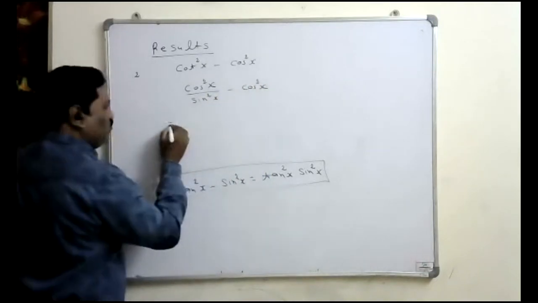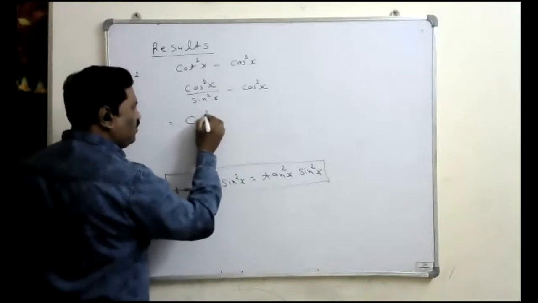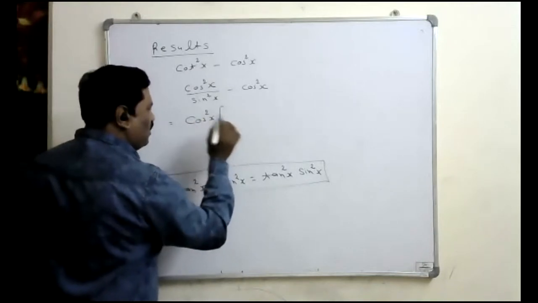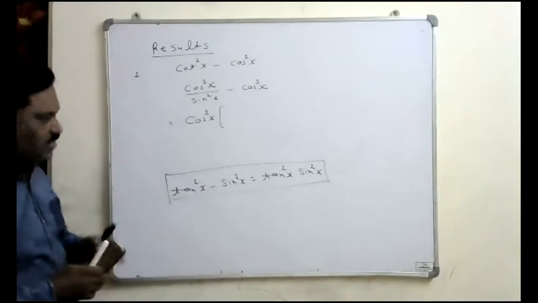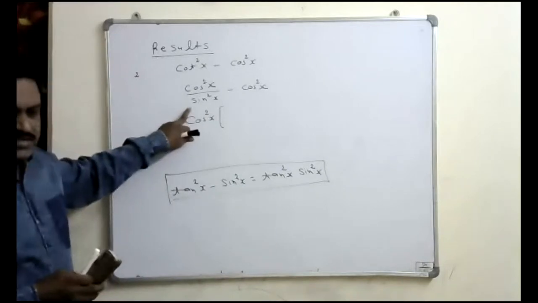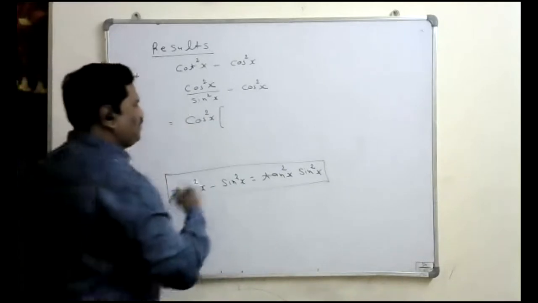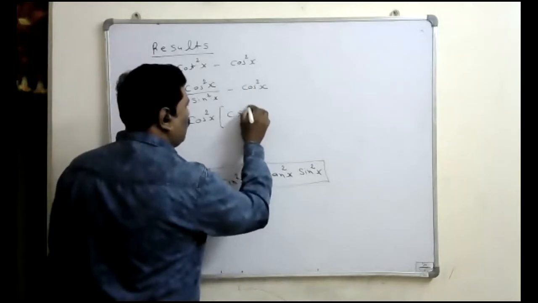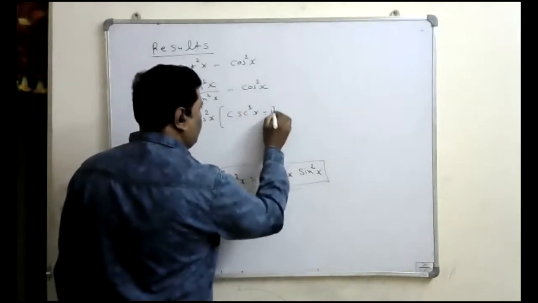Now from these two, we can take cos square x common. The remaining is 1 by sin square x, that is cosecant square x, minus 1.